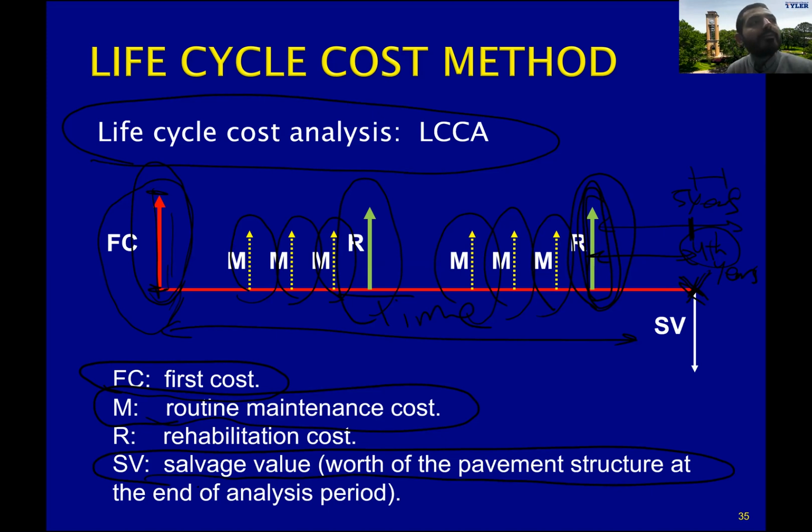Some of you know that in the past 10, 15 years we have tried to be sustainable when it comes to pavement engineering, and to reuse some of those old materials. So that's what happens with the salvage value.